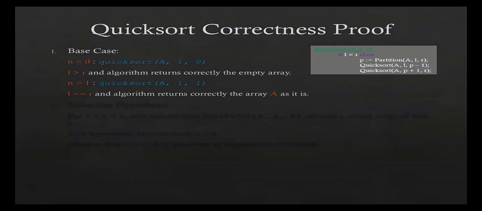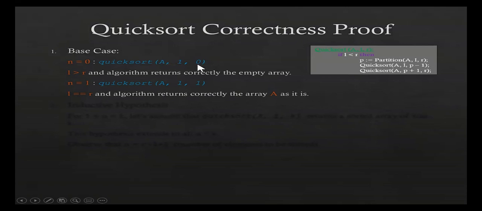Now we'll take our basis step. In our basis step, we check n equal to 0, where n means the number of elements. That means the array has no elements. So A is our array, and L means 1 and R means 0.